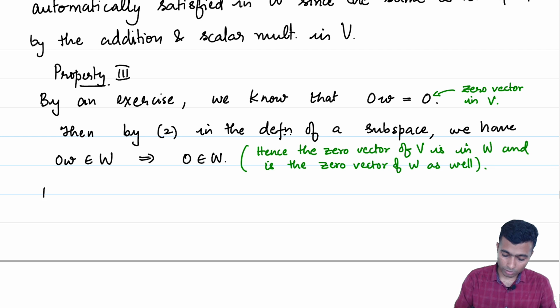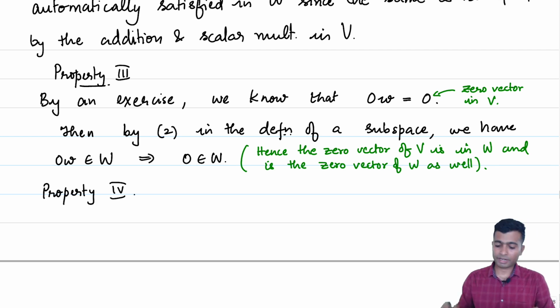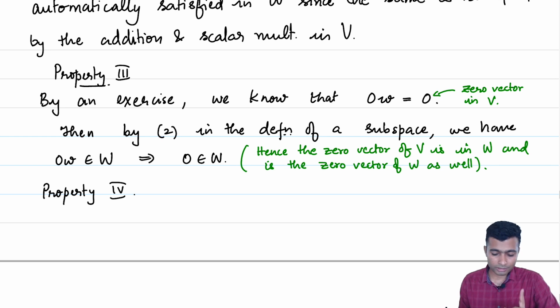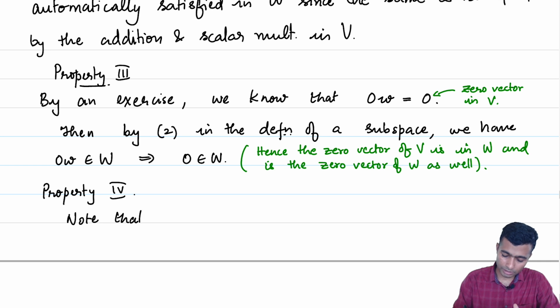How about property 4? Property 4 states that given any vector in capital W, there should necessarily be an additive inverse in capital W. Again, let us invoke the same exercise from the previous session. Again, note that if you have not done this, please do it. Minus 1 times w is equal to minus of w.